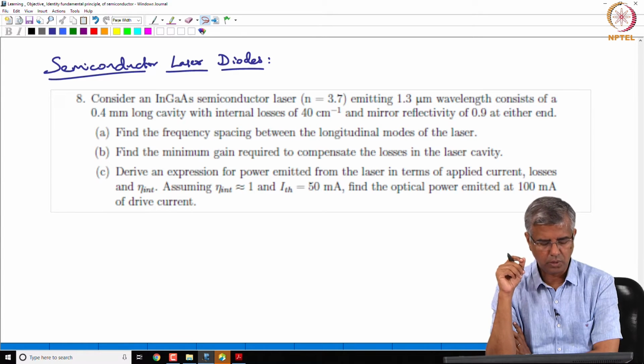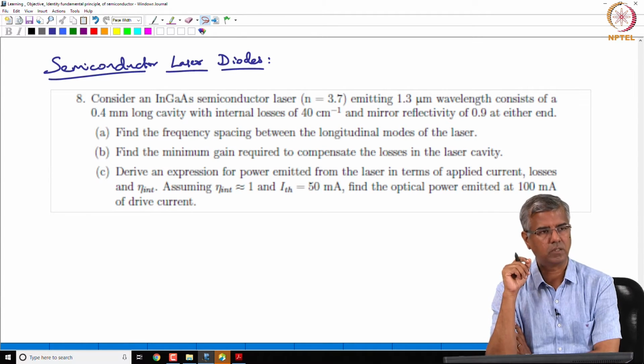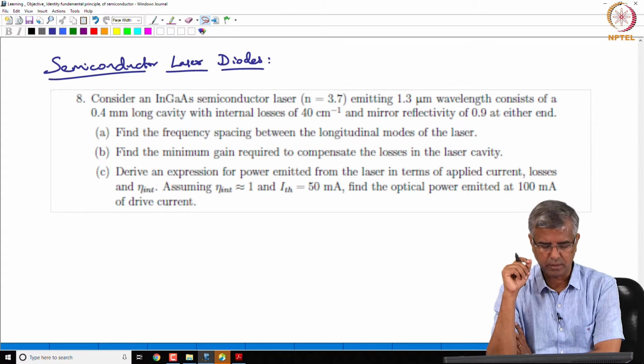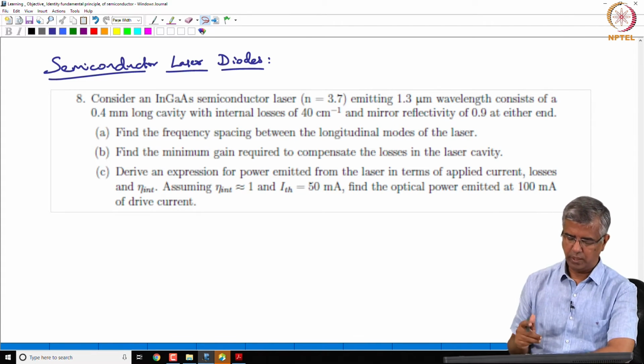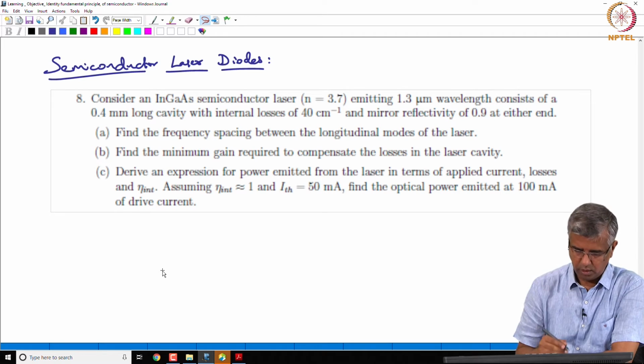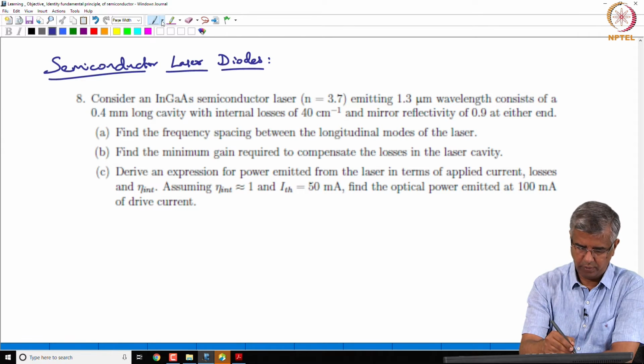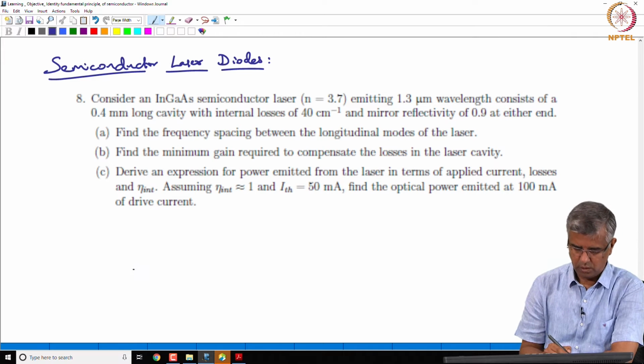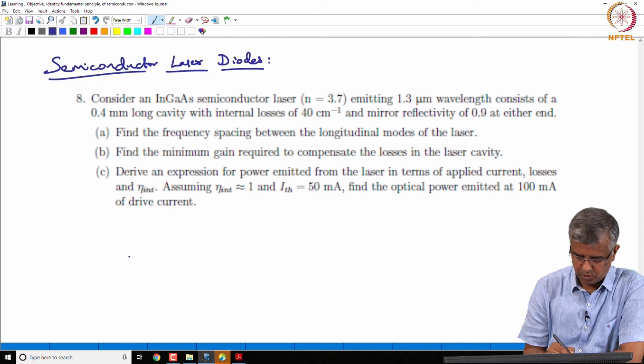So, let us go into the specific structure of a semiconductor diode laser. To understand that, let us first of all define the double heterostructure once again.